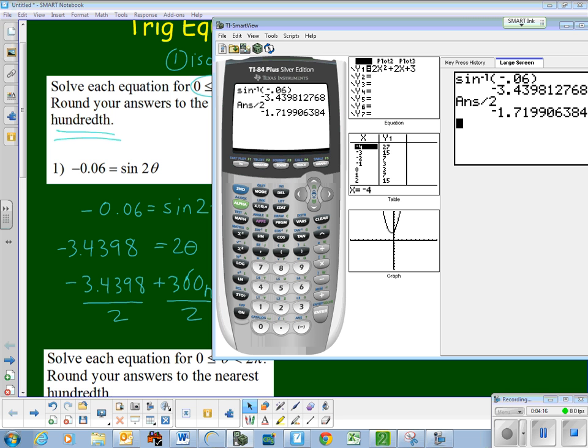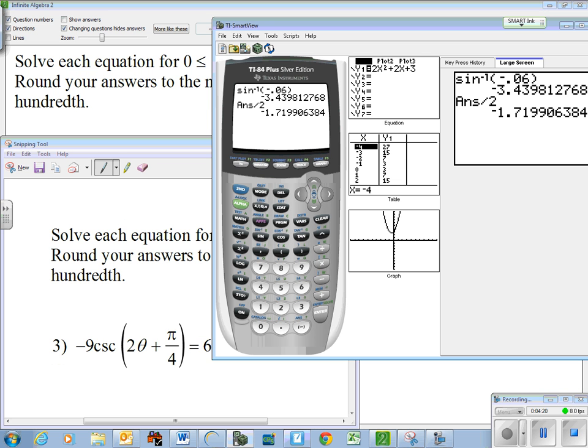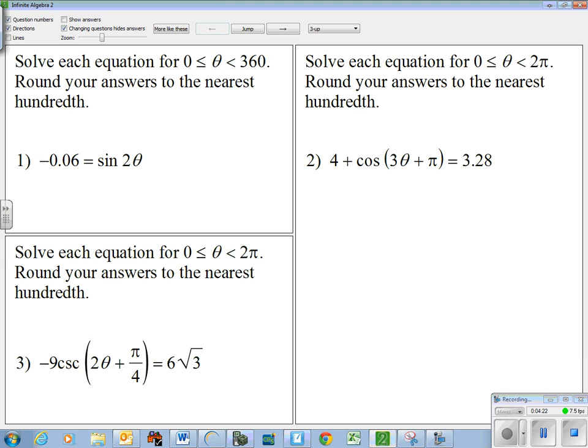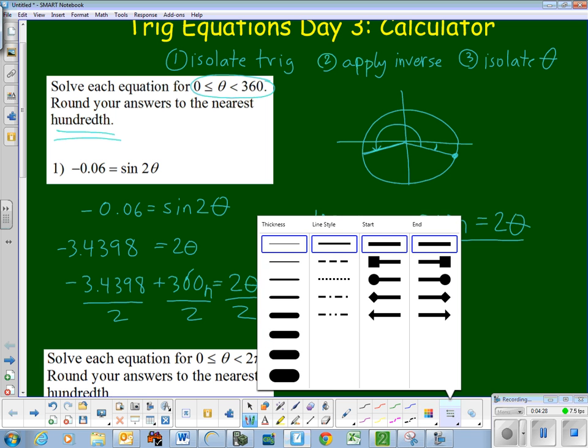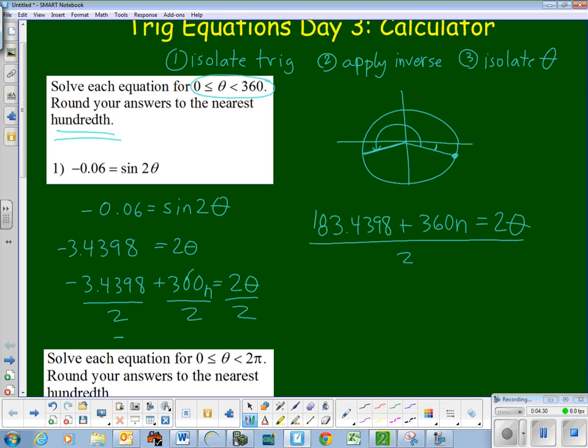I just wanted to make sure earlier. Negative 1.72. Sorry. Negative 1.72 plus 180n equals theta.